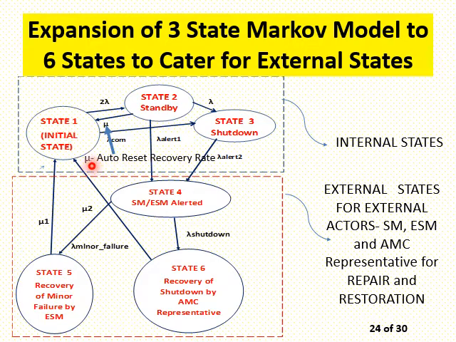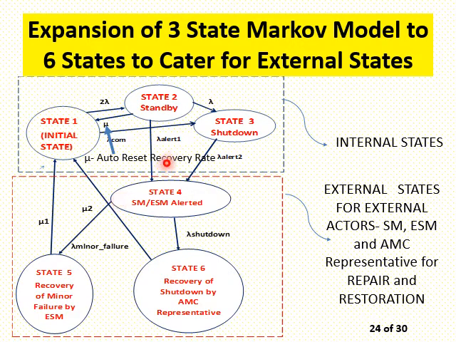So mu is the auto reset recovery, which is automatic. That is how we can model the internal states as well as the external states and find out the probability of being in each state. That way, it will help the administration to quantify what is the reliability and availability.